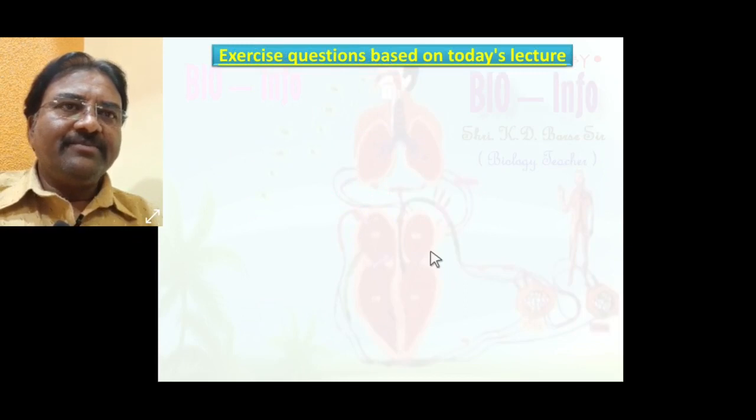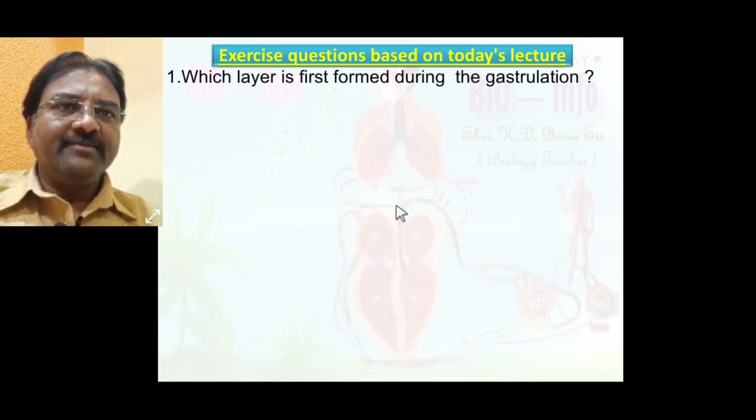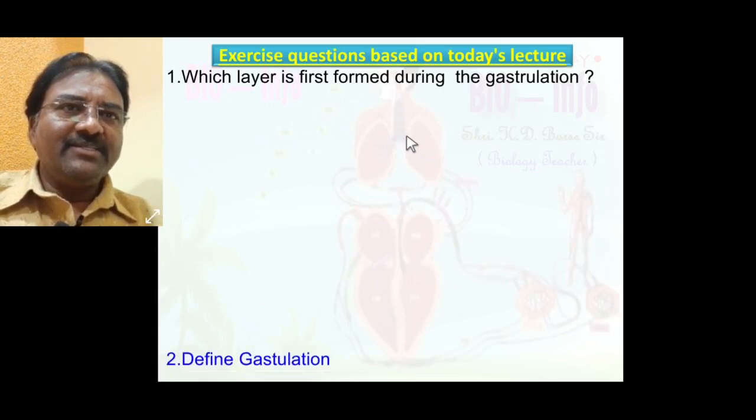On the basis of today's lecture, some exercise questions are noted here. Which layer is first formed during gastrulation? Yes, endoderm is first formed during gastrulation. Define gastrulation.